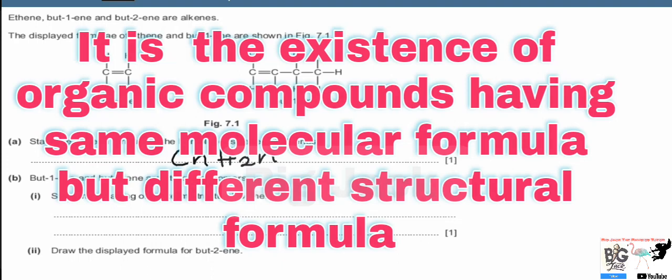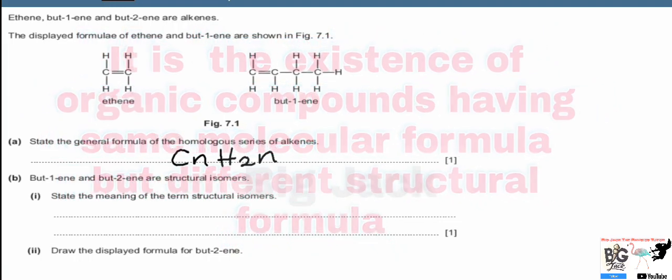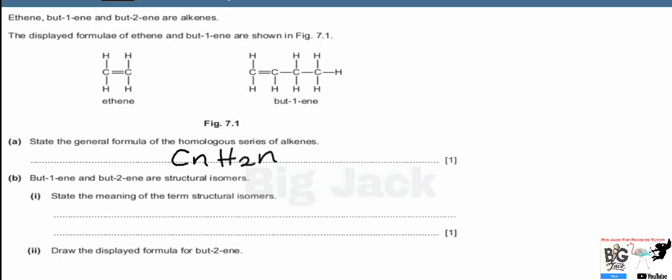So but-1-ene and but-2-ene are going to have the same molecular formula, but the structure is going to be different. What it means when you say structural isomerism, if you have butene, is that they are going to have different structures, but the molecular formula is just going to be the same.